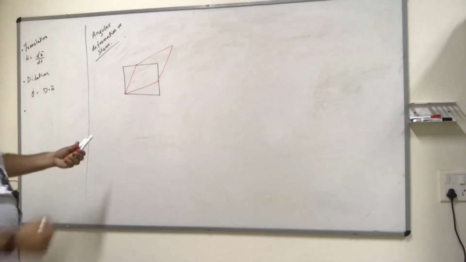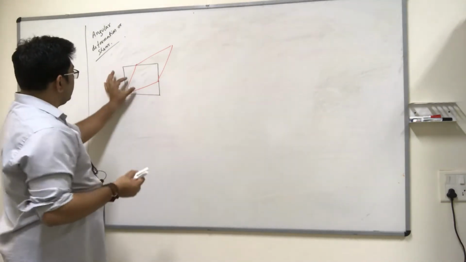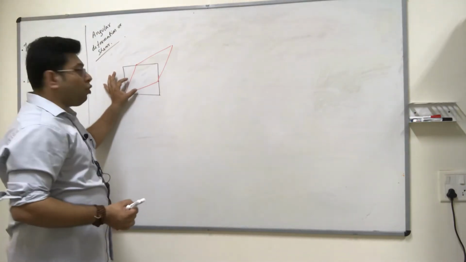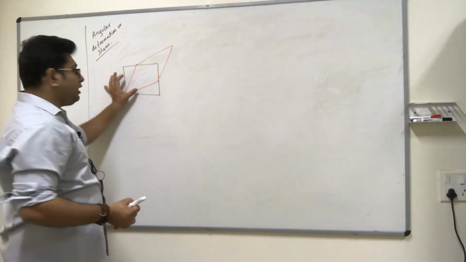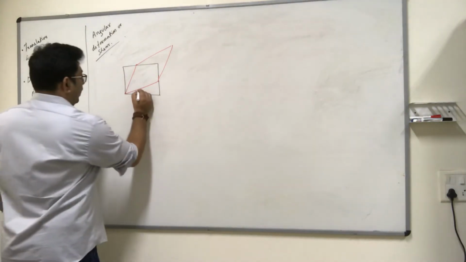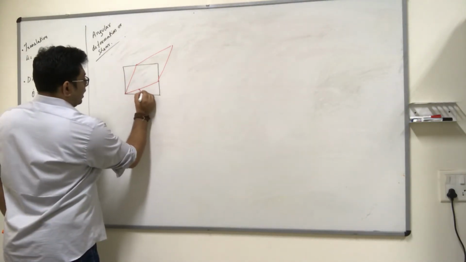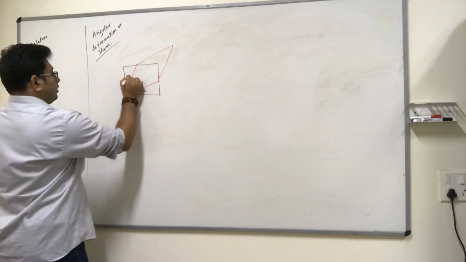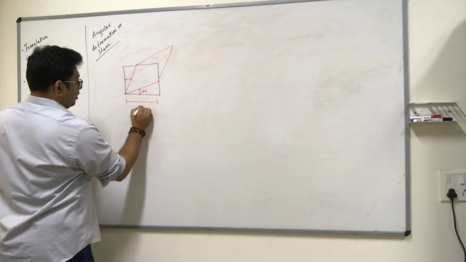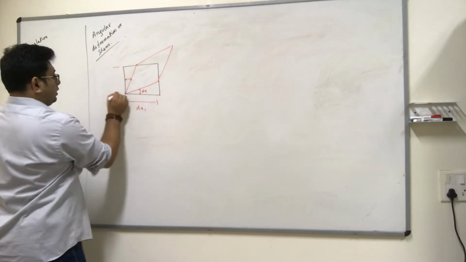So the angle between these two lines does not remain at 90 degrees anymore, and it has changed. In this case, an acute angle, right? I mean, this is the standard way to draw it. And let's say this angle now is d alpha. All my quantities are still the same. This is dx1, this is dx2.